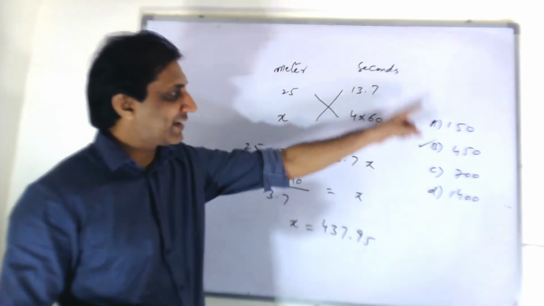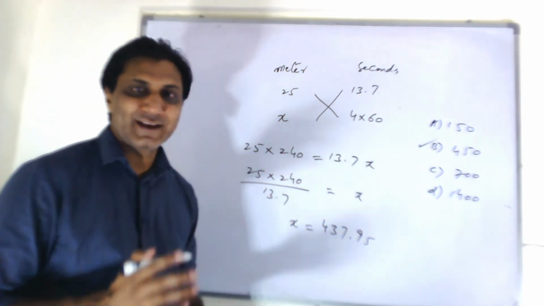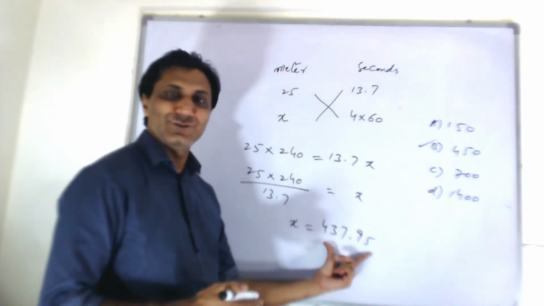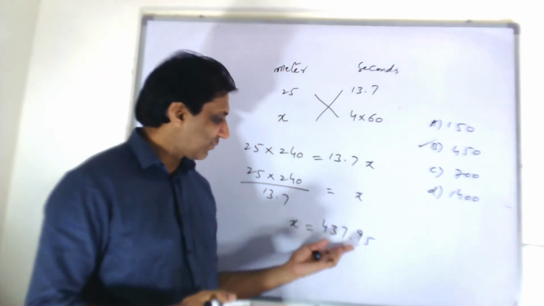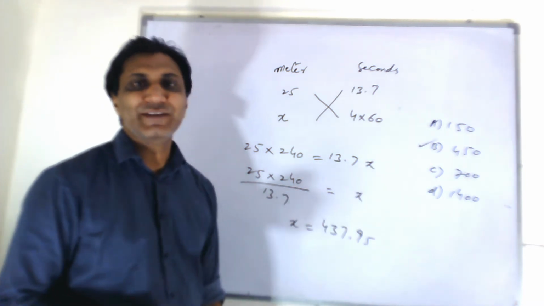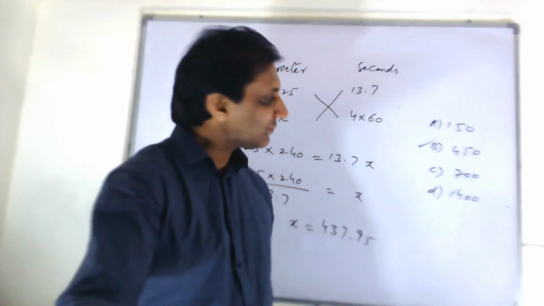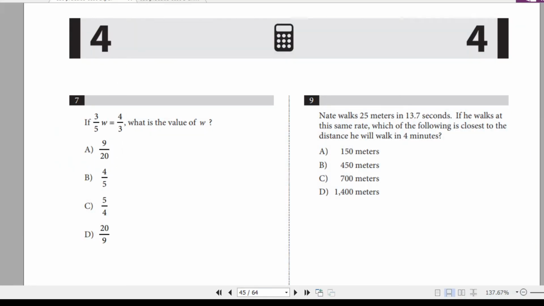Usually answers are far away, they are not close, to confuse you. So you can choose your answer. So 437.9 is 438. So approximately he made 450 meters. So the answer to this question is, sorry, B. Answer is B. 450 meters.